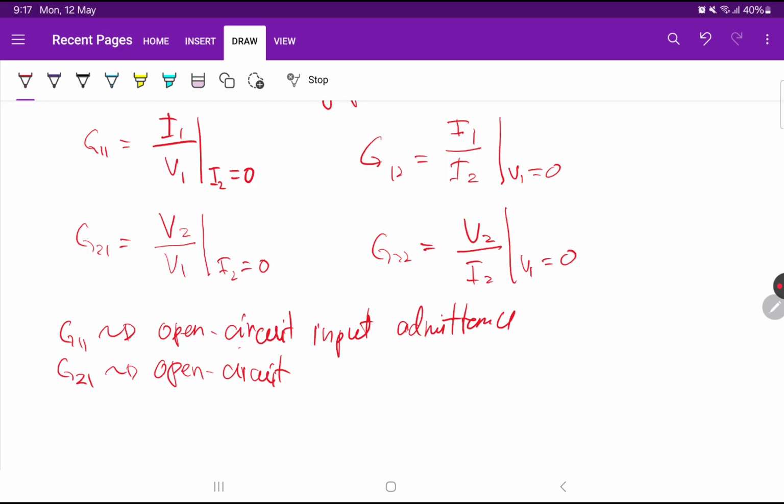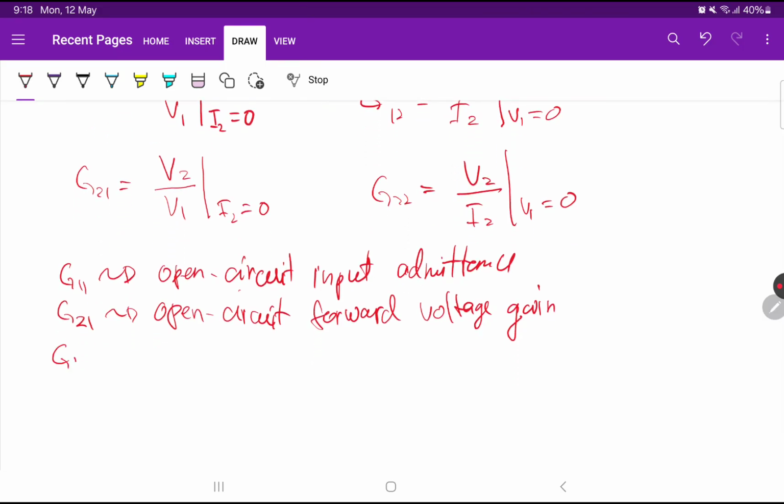But this one is a gain, and it's a reverse gain, reverse current gain, or it's not reverse current. It should be forward because this is in the input. Forward current gain, or I mean voltage gain. Sorry, should be voltage gain because it's V2 over V1.